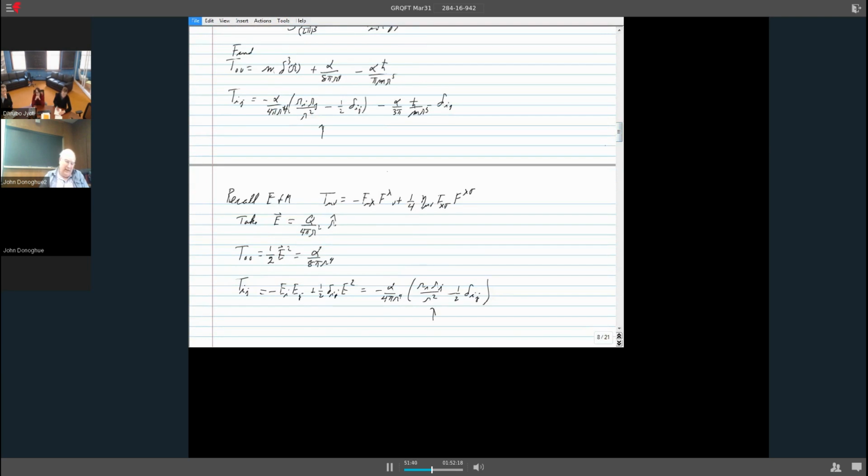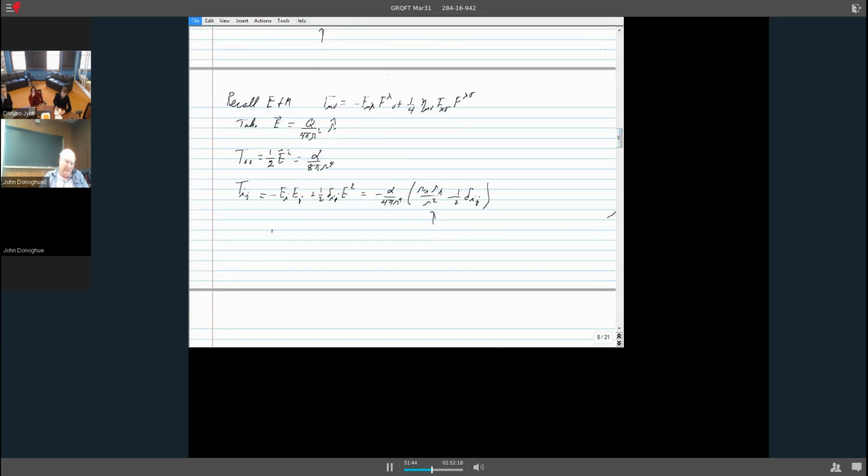Tij is minus EI EJ plus 1/2 delta IJ E squared equals minus alpha over 4 pi r to the 4th, Ri Rj over r squared minus 1/2 delta IJ.